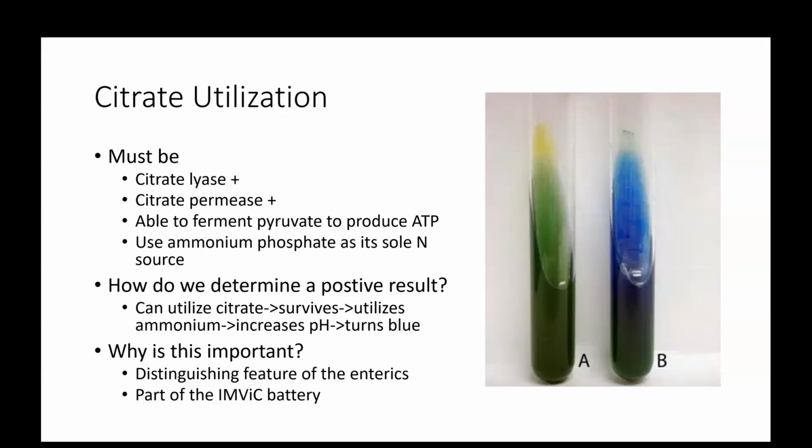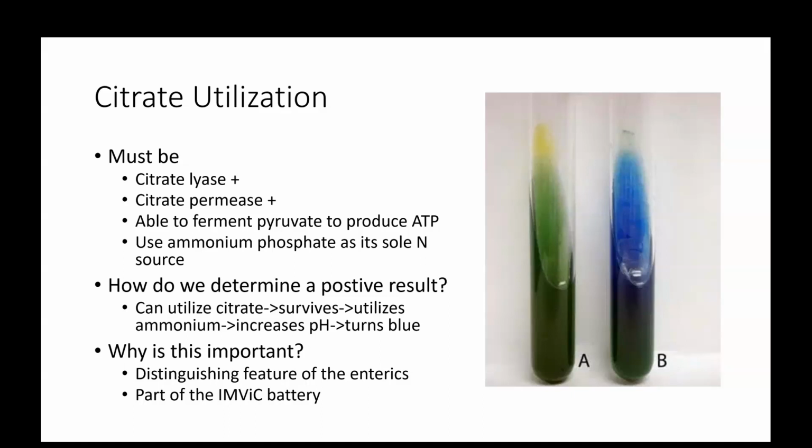That ammonium utilization increases the pH. I think this is one of the few bacterial differential tests where we're actually looking for an increase in pH. The next one that we talk about, the decarboxylase test, does this as well. But here we're looking for an alkaline pH, something above 7.6, which will turn that media blue. And that's a positive result for this.